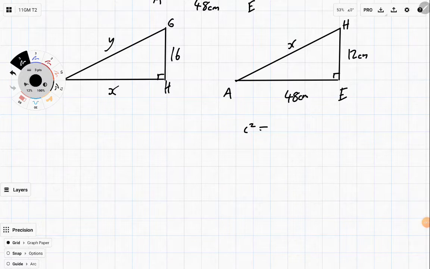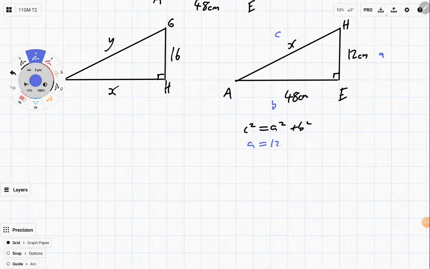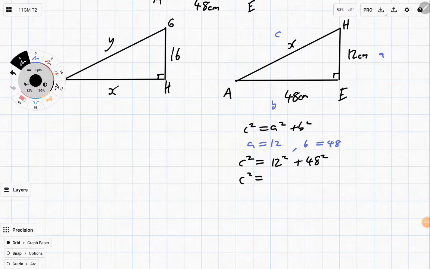C squared equals A squared plus B squared. In particular we have C, A, and B, and we don't know C, so A is equal to 12, B is equal to 48, and we get C squared is equal to 12 squared plus 48 squared, and this is equal to 2,448, which the square root of that is some horrific number.